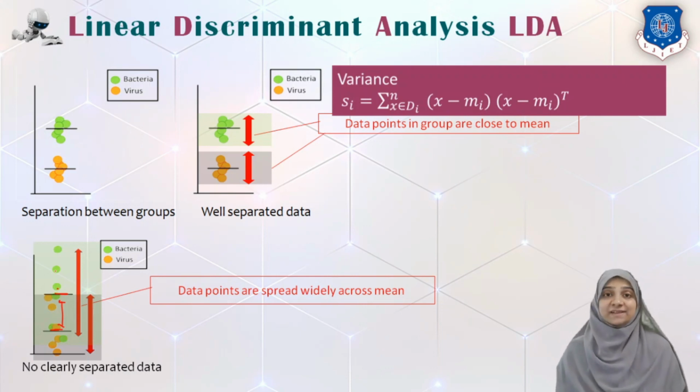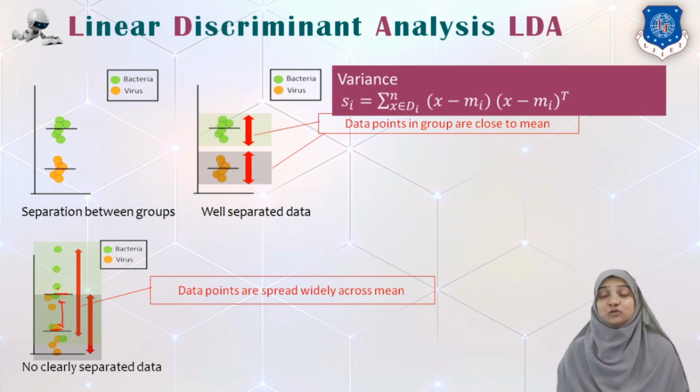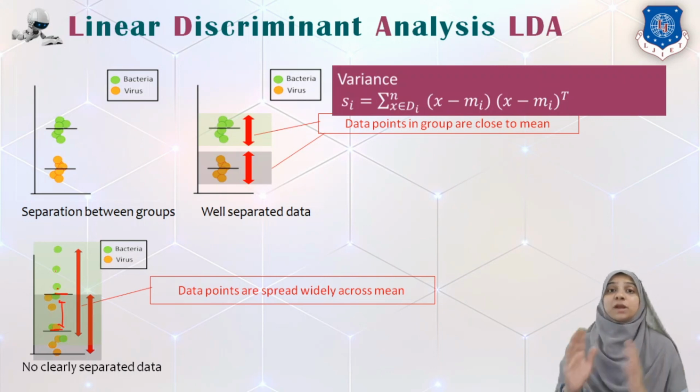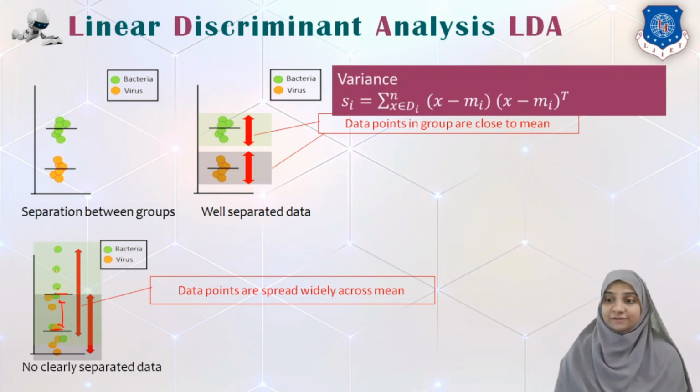Its variance S of i is calculated as the summation over x, which belongs to data set Di. That means only the data points which belong to a particular group, say for example group bacteria or group virus.